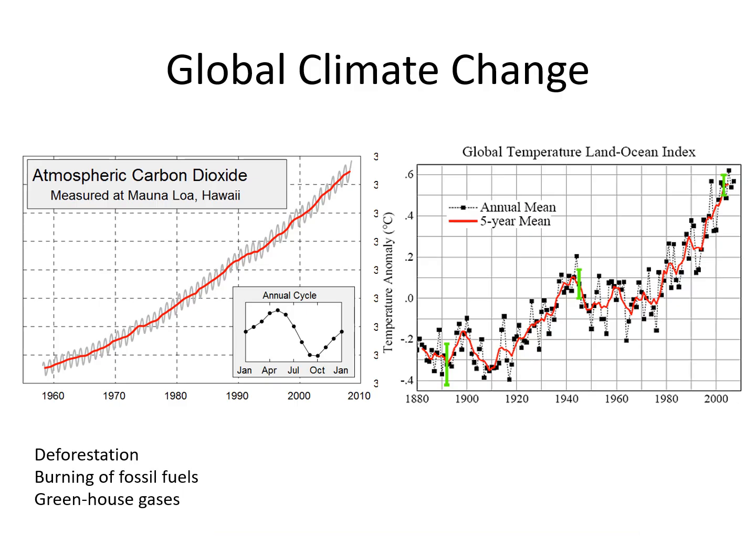Humans have had an impact on global climate. When we burn fossil fuels, we release carbon dioxide into the atmosphere, and carbon dioxide is a greenhouse gas. Now what that means is it traps heat. So think of a greenhouse.